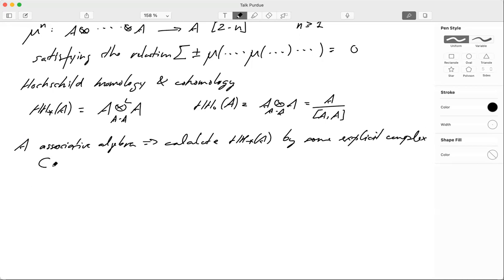Complex C of A with some differential, which I'm going to call B. So this as a complex at each step is just a tensor product of copies of A.